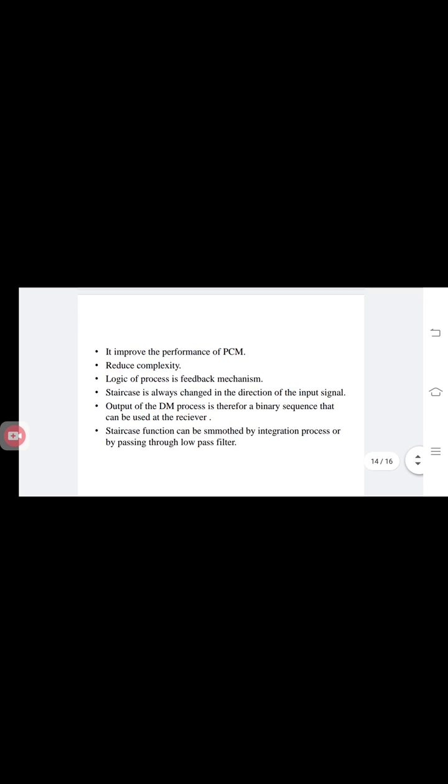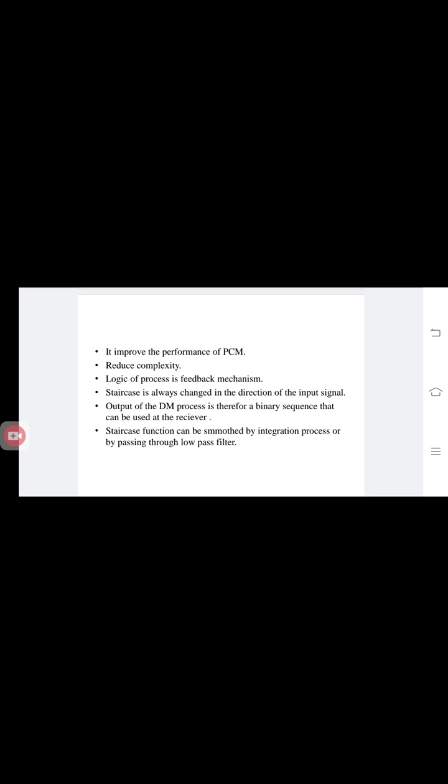Also, we have some features for delta modulation. It improves the performance of PCM and reduces the complexity. The basic logic is a feedback mechanism. Here, the staircase function always changes in the direction of the input signal. After delta modulation, the output is a binary sequence.